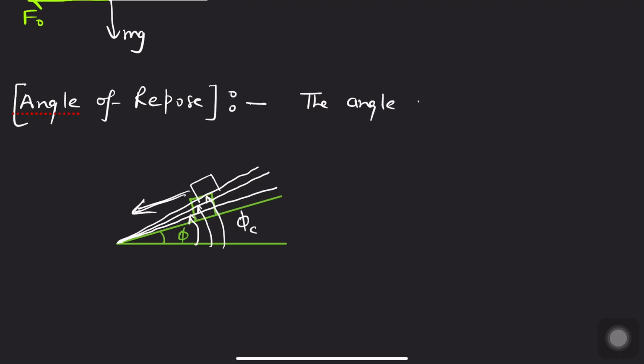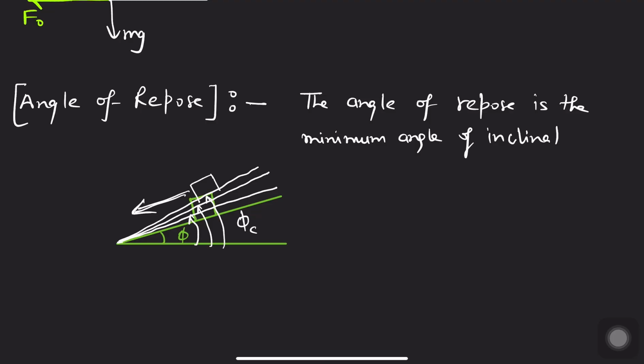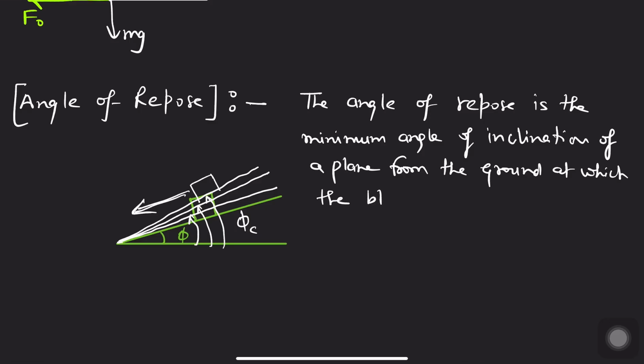The angle of repose is the minimum angle of inclination of a plane from the ground at which the block starts sliding.